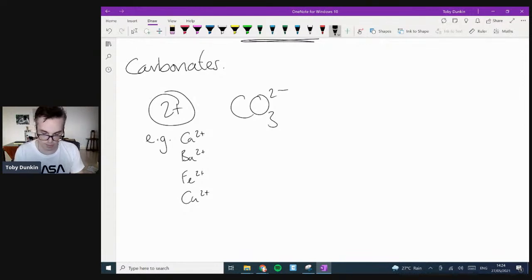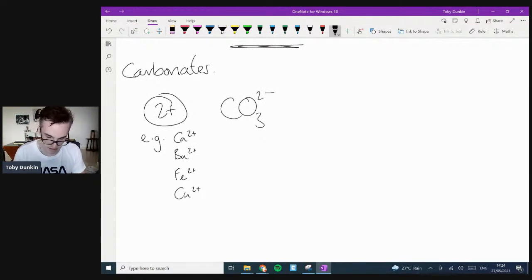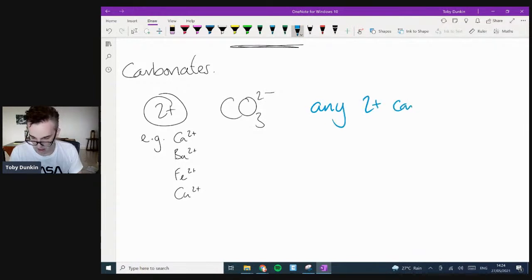Any 2+ carbonate is insoluble. I'll write it in blue: any 2+ carbonate is insoluble. So all group 2 carbonates are insoluble.